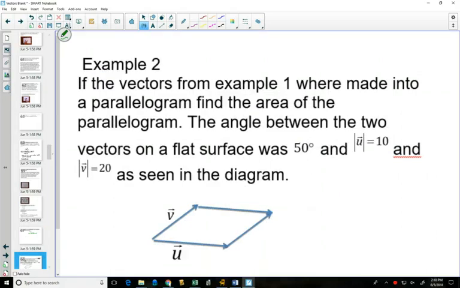So if we look at example 1, where we had u and v and the angle between them being 50 degrees, and we knew that the length of u was 10 and the length of v was 20, we can now find the area of this parallelogram. And what's the area? 153.2, whatever the units were.